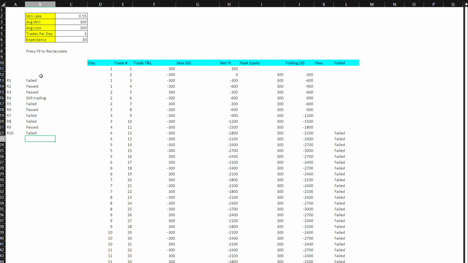Even with just a 55% win ratio and 1-to-1 risk reward, you're still passing about half the time. Out of 10 runs, you passed 4 times, and another was close to passing at $2,400. So that's 50-50, right?